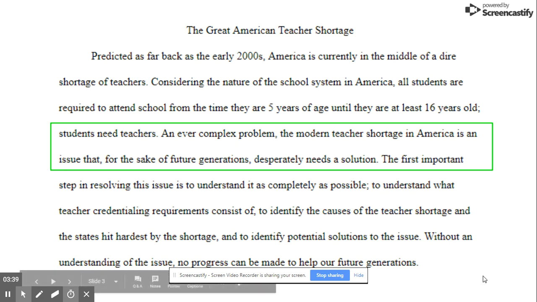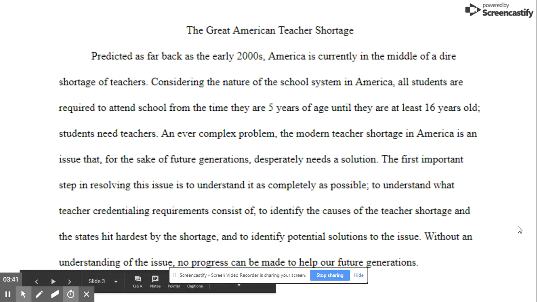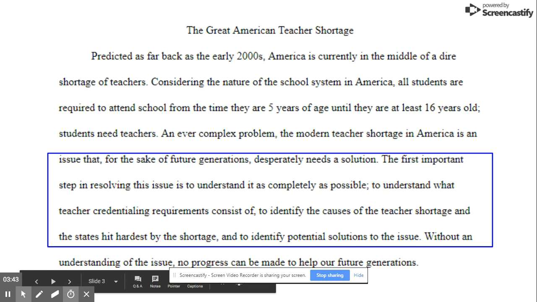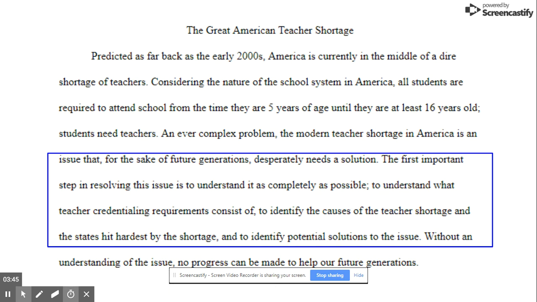Okay. Then the introduction moves into a preview statement. And this is based solely off of that outline. Now, obviously, if your outline is going to shift, your preview statement might shift a little bit depending on what sort of information you're going to include, depending on the information that you find in your resources.